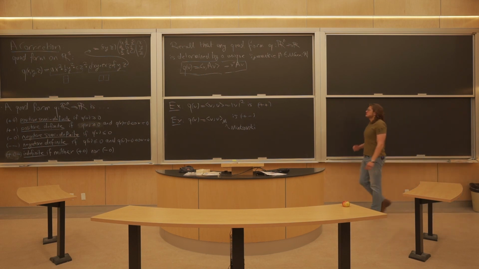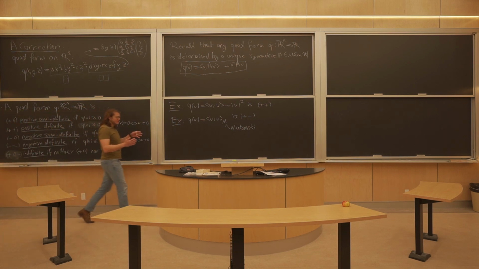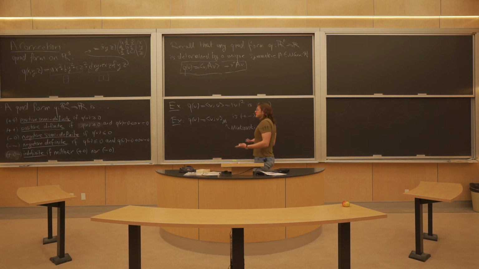Let me also say that because there's this correspondence between quadratic forms and symmetric matrices, the same terminology applies to symmetric matrices as well. So you might see in the literature, this symmetric matrix is positive definite. That's also a terminology that people use. And what is the definition? A symmetric matrix is, for instance, positive semi-definite if the quadratic form defined by it is positive semi-definite, and so on.